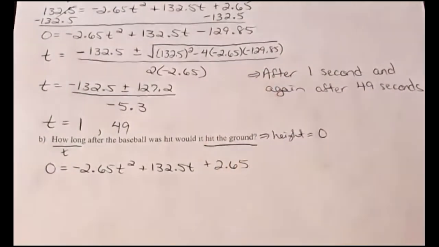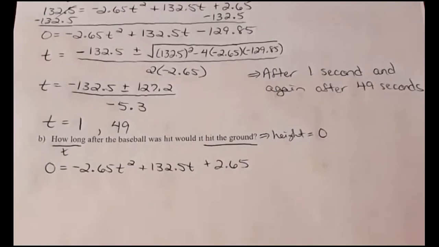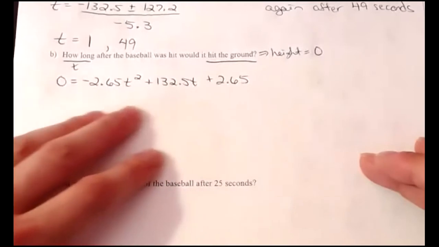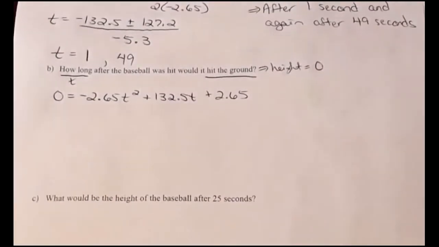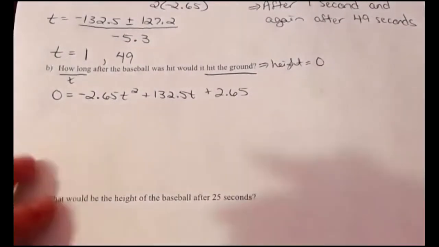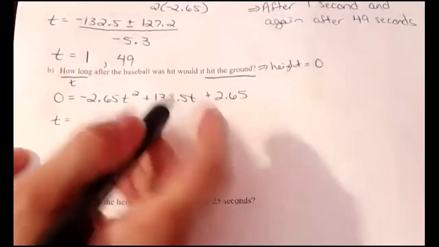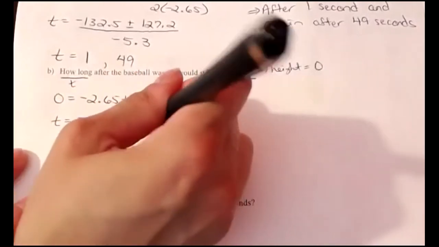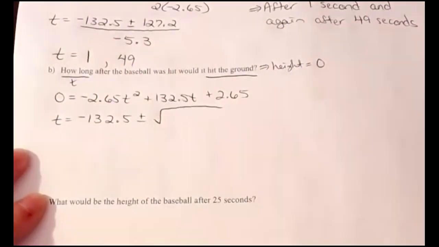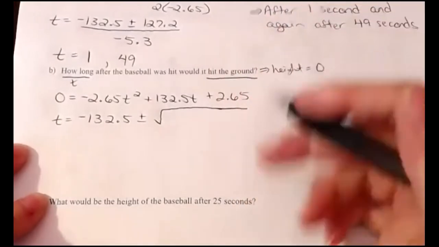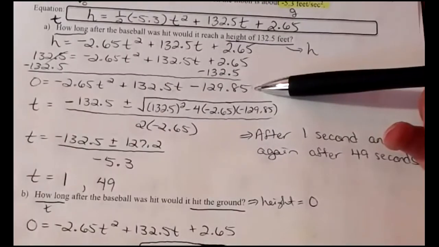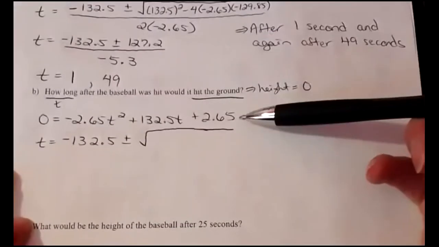We're going to use the quadratic formula again to solve this. I love using the quadratic formula for something with decimals because all we have to do is punch it in and solve. So in this case, we have t is equal to negative b, so negative 132.5 plus or minus the square root of, and this time obviously our values are going to be a little bit different underneath, because for our previous problem, our C was negative 129.85, but this time our C is 2.65.